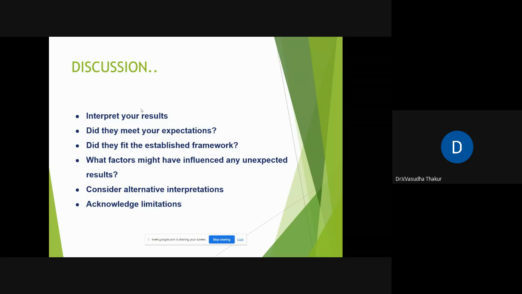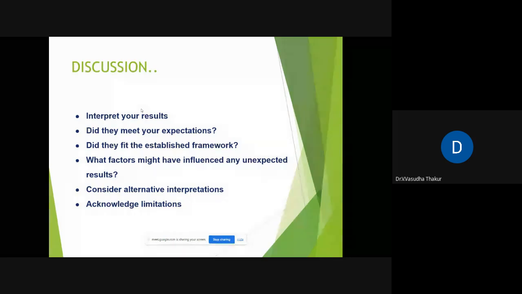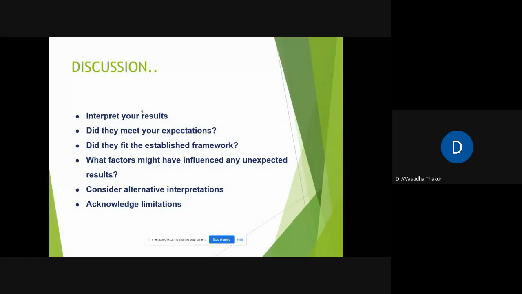Now, in the discussion pages, again, there are a few elements that you can focus on. That is the results, what you have projected just now, and the expectations you started with. That is your objective, the research aim that you happen to start with. How did you establish the complete model of your work? That's the layout.